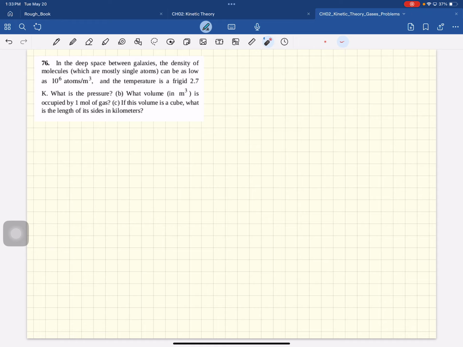So 1,000 divided by 20 is 50 moles. 1 mole is 10 to the 24 molecules. 50 times that is 10 to the 26 molecules. So in this room, there's 10 to the power of 26 molecules per meter cube. In deep space, that's 10 to the 6 atoms. So the density is about 10 to the 20 times smaller.